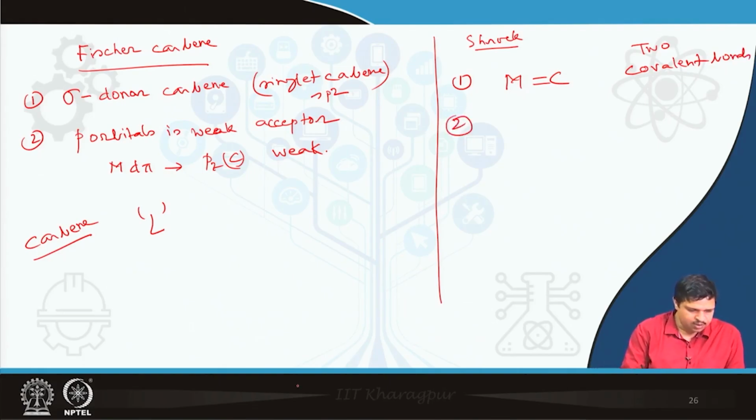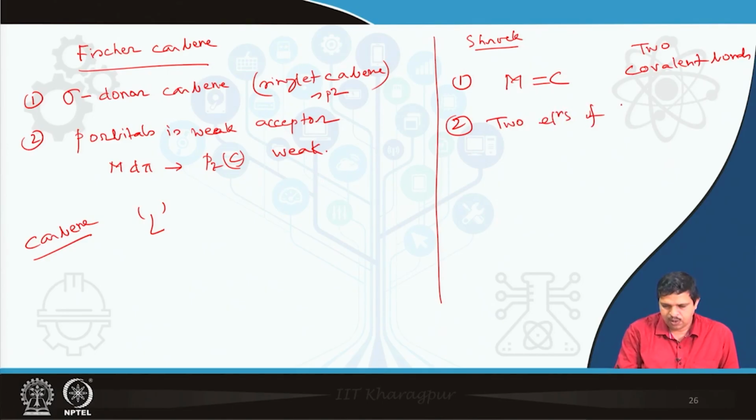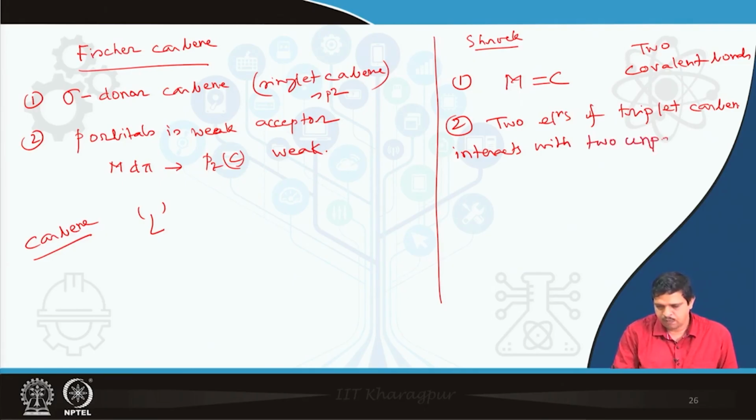Fine, and here the two electrons of the triplet carbene interact with the two unpaired electrons on the metal d orbitals.